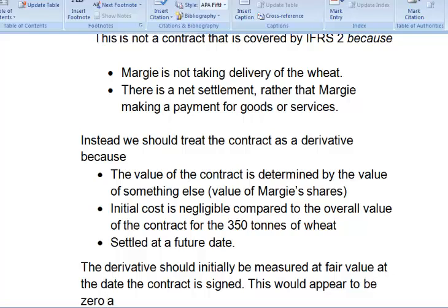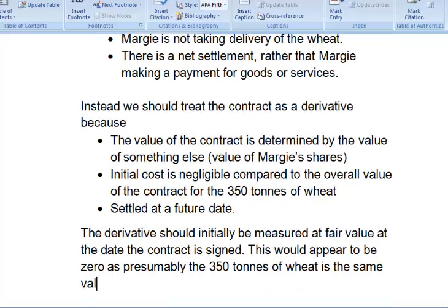This would appear to be 0, as presumably the 350 tonnes of wheat is the same value as the shares in Margie.